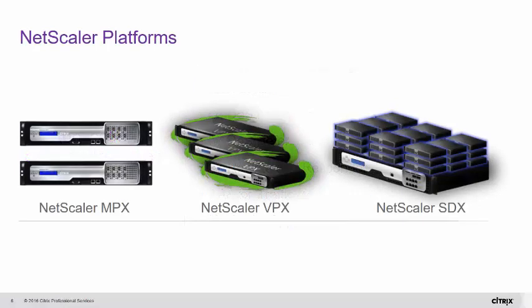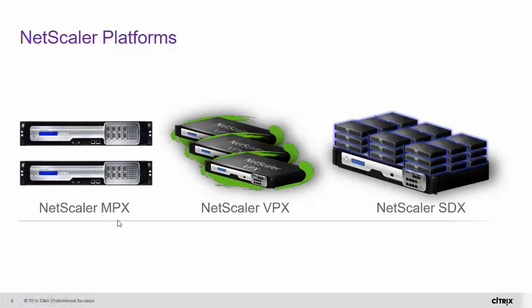Now let's discuss the different types of platforms of the NetScaler. We have a hardware NetScaler, which is called MPX. That is available in the form of a hardware device. We have a virtual appliance also, which we call VPX.